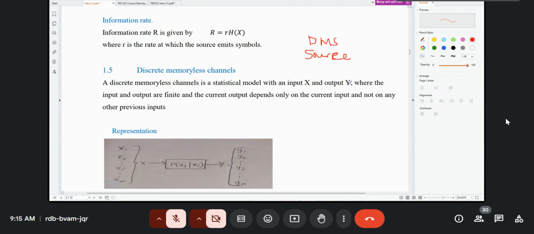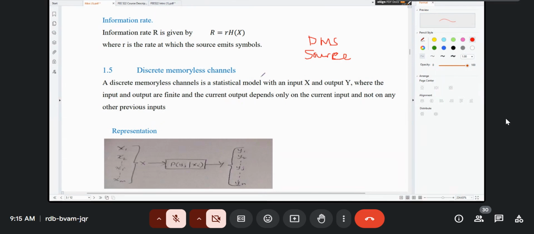If there's a Q, what's likely to follow is a U. So basically, it will not be a pure DMS, because whatever is being emitted depends on what was emitted earlier. But our model assumes a DMS. Now what we are going to look at is the DMCs. These are memory channels.